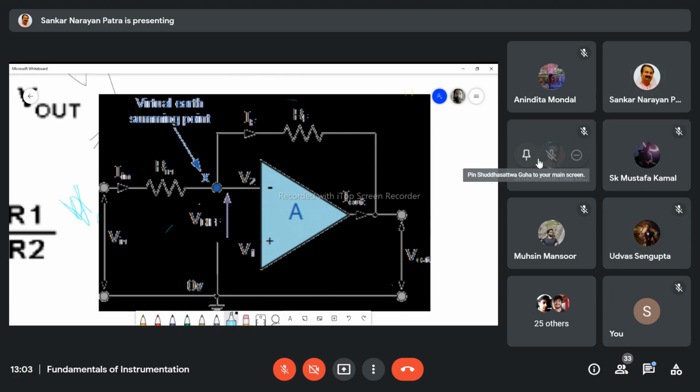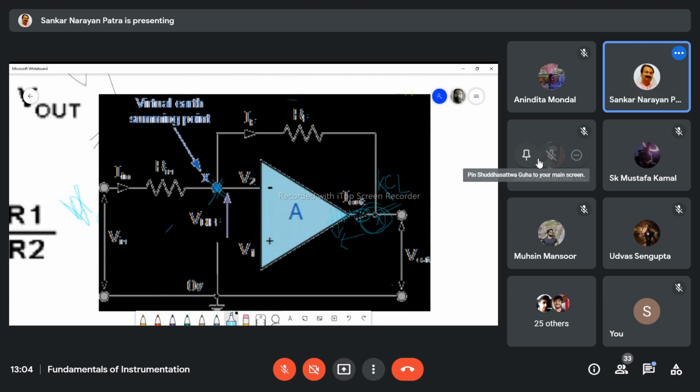So this is a node, and there is another node here. We cannot apply Kirchhoff's current law there because a part of the current will be fed inside the op-amp, because of the low impedance path at the output terminal, but this part we cannot measure. So that's why we cannot apply Kirchhoff's current law there. We will apply Kirchhoff's current law here.